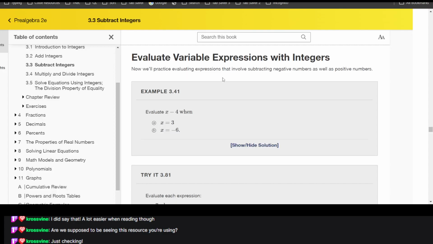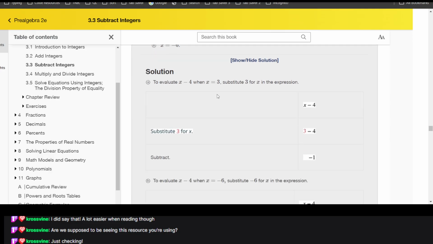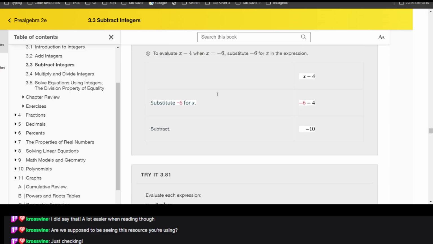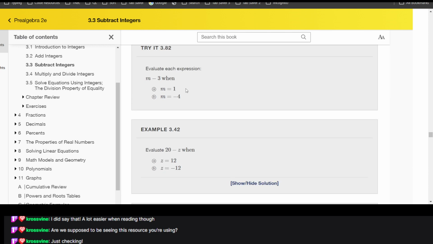Evaluate variable expressions with integers. Now practice evaluate expressions that involve subtracting negative numbers as well as positive numbers. 4x3, yep, substitution.